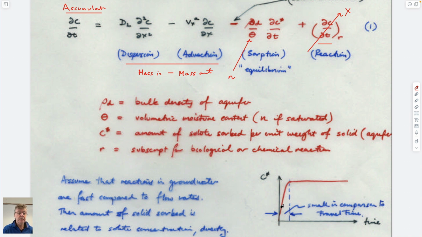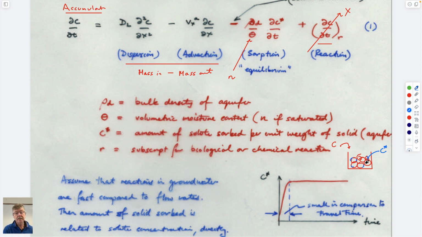So sorption means that if you take a beaker, and that beaker has a bunch of grains in it, which make up your porous medium, and you put in some fluid that has some concentration C, which we've used before, then you can imagine that some of that concentration will bond onto the surface of the grains, and that's what we're calling C star, the amount that is removed from the water.